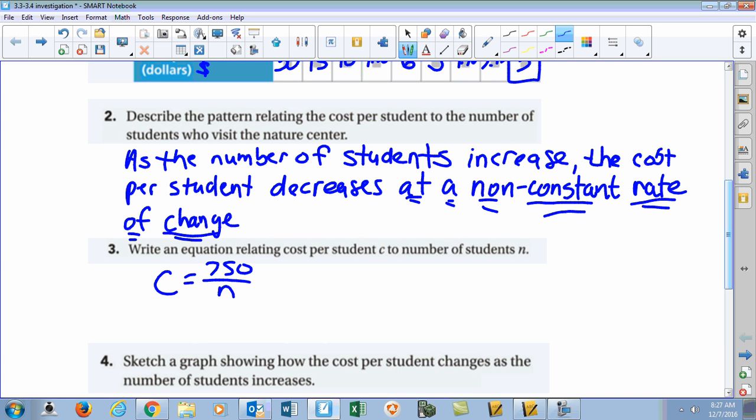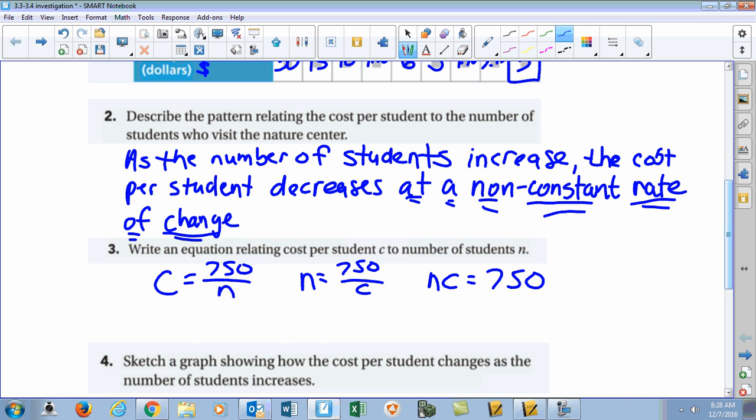And again, I could find the number of students by using the cost. And if I need to, I can also take the number of students times the cost, and that gives me the price of the nature center, the total fee.